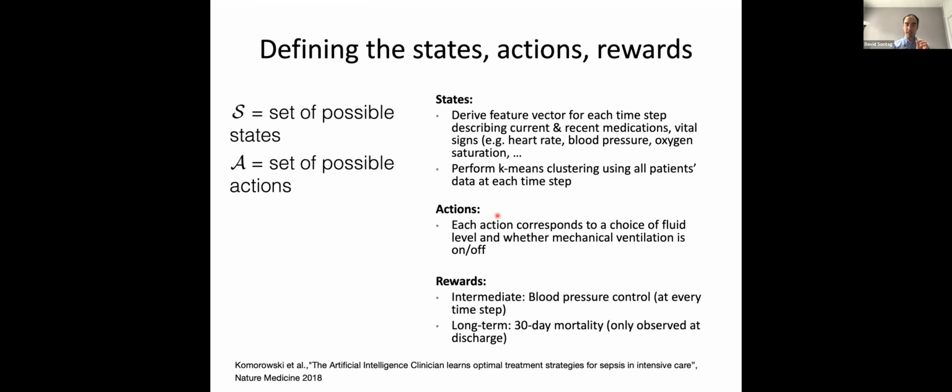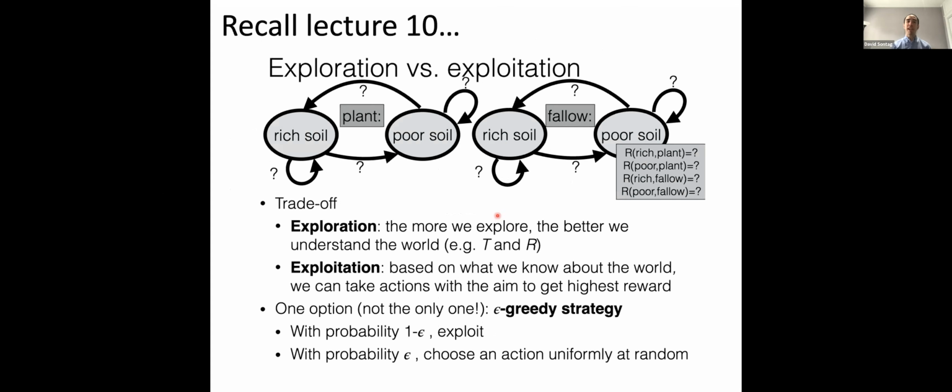a Markov decision process. And now the next step is, how do we learn it? So in lecture 10, Tamara spoke about exploration versus exploitation. And the key question there is you start from no data and you start exploring in the world by performing some actions, seeing what happens, what rewards you get, what states you get to. And as you do more and more exploring, you get more and more data, and you use that data to try to learn a policy that gets better and better over time.